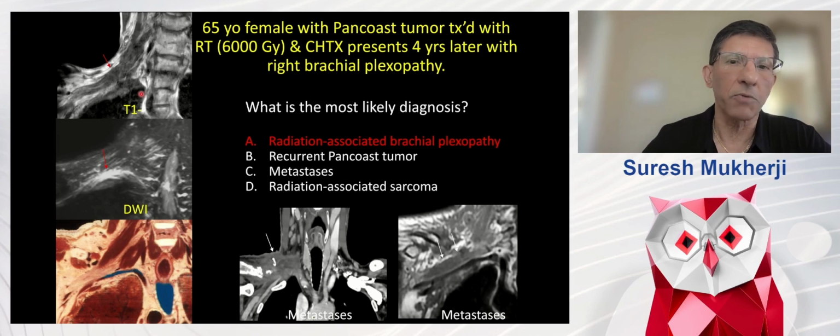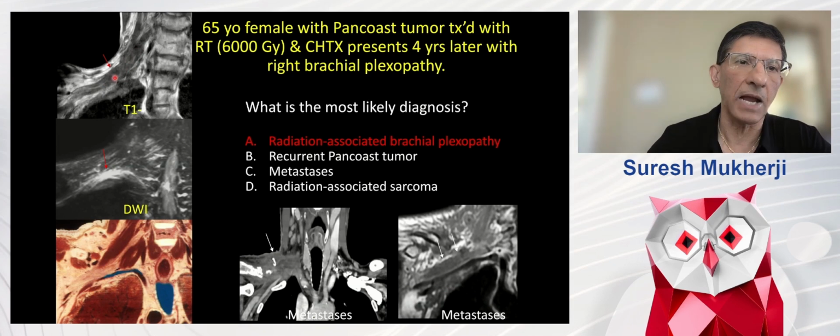The point that I want to make here is that when I see a patient like this that's post-treatment, yes, I can see the abnormality. And in general, in my experience, if someone took a brachial plexus and glued it together, like they took Elmer's glue or some type of glue and glued everything together, that's more indicative of a radiation-associated brachial plexopathy.